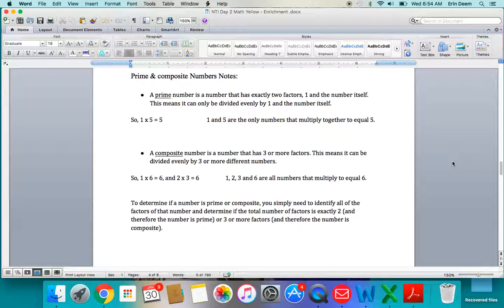To determine if a number is prime or composite, you simply need to identify all of the factors of that number and determine if the total number of factors is exactly 2, and therefore the number is prime, or 3 or more factors, and therefore the number is composite.